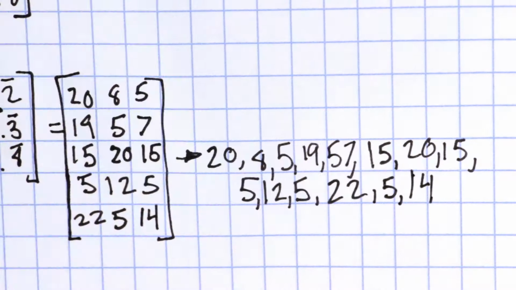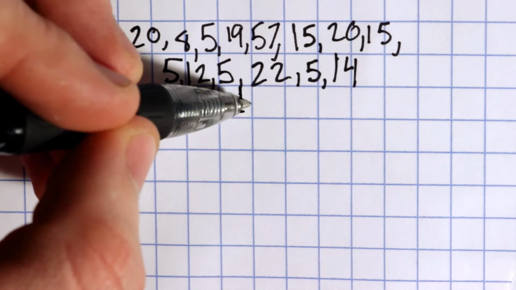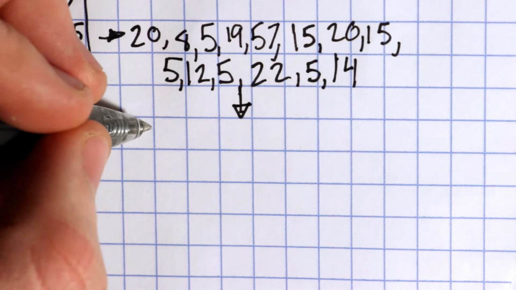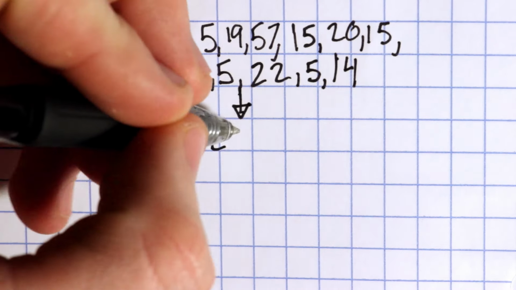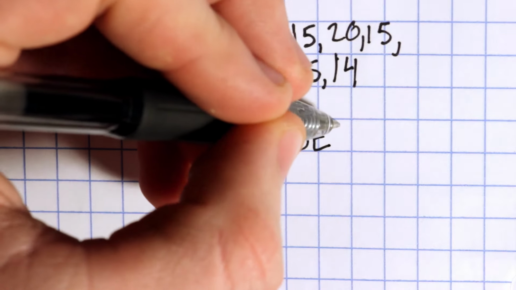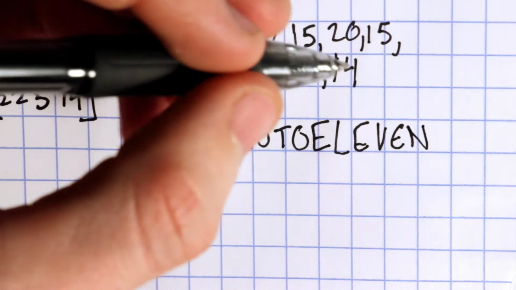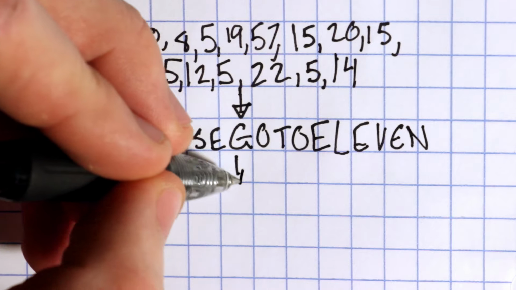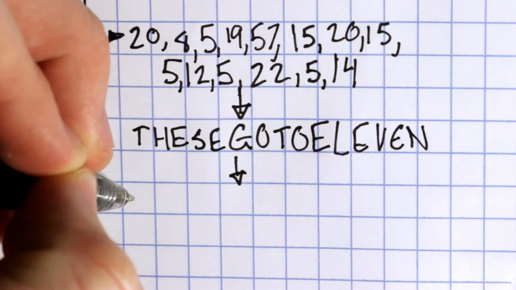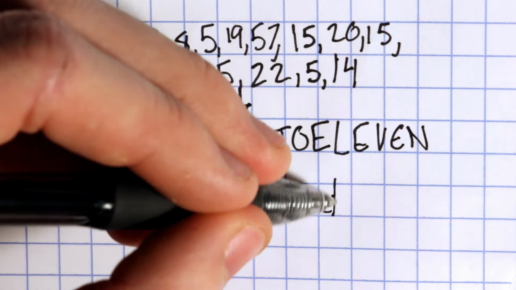Running these numbers back through the number letter key, we find that the decoded message is THESEGOTOELEVEN. Finally, using simple problem solving, we can find that the original decoded message was these go to 11.